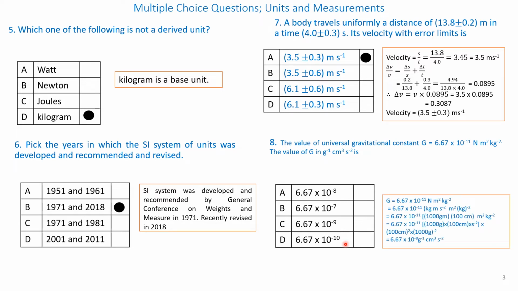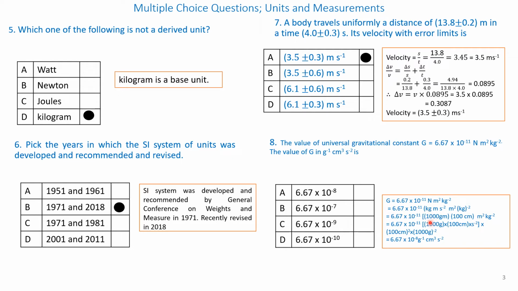So we will calculate it. G is given as 6.67 into 10 to the power of minus 11 Newton meter square per kg square. Now we have to convert Newton into kg meters per second square, and meters into centimeters, and kg we have to retain as it is.